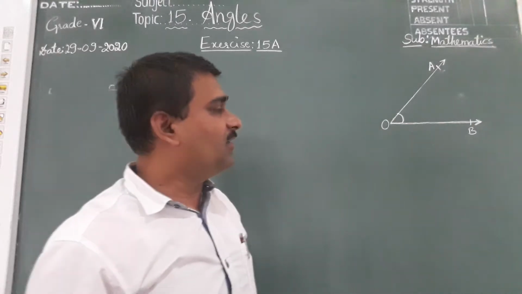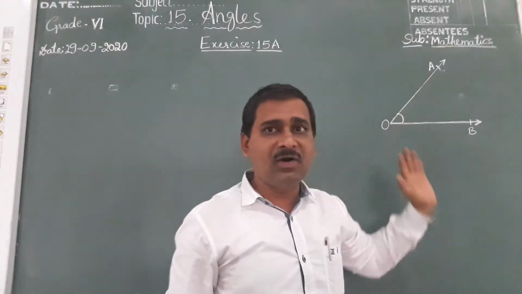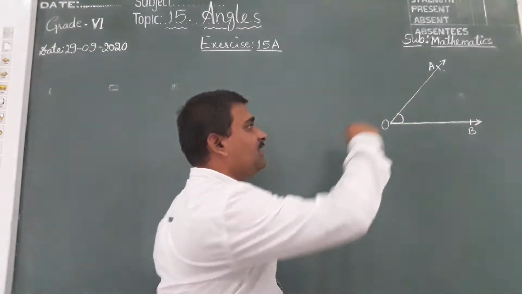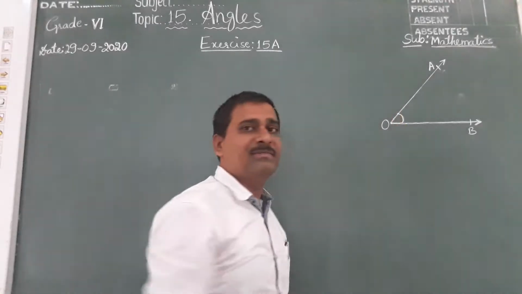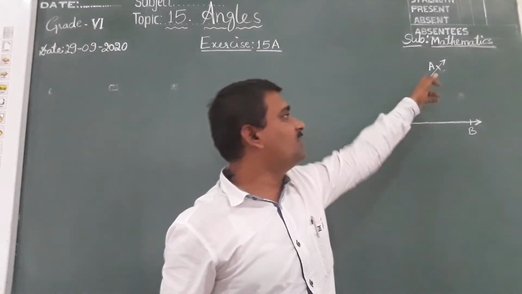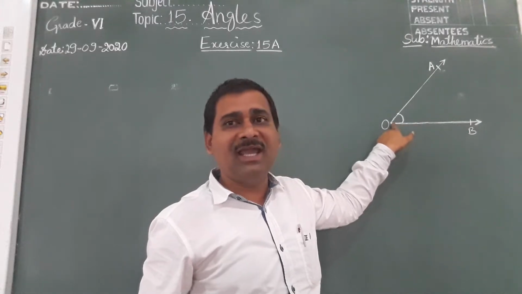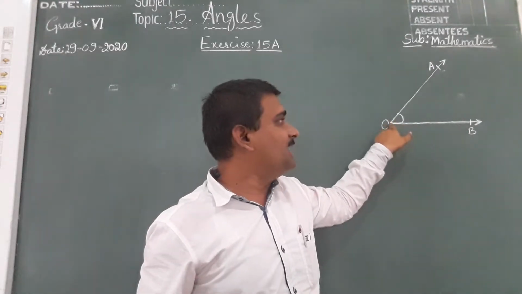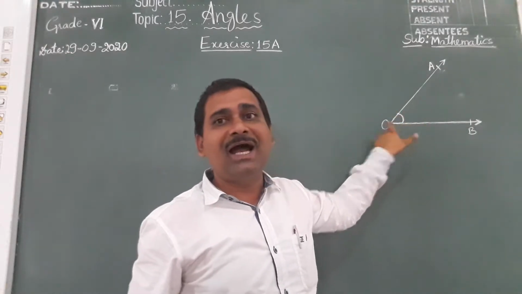The figure is formed by two rays whose starting point is the same. That point of intersection is called the angle.